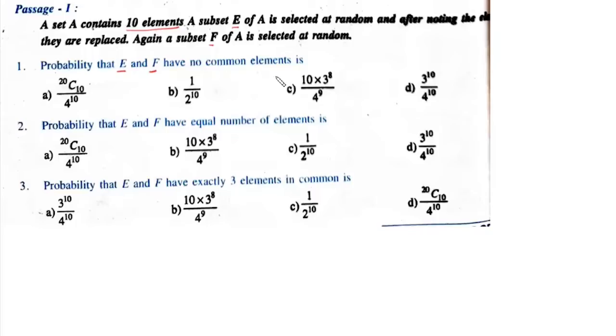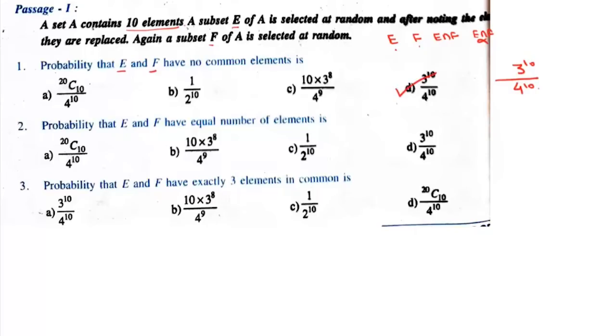First is the total number of ways of selecting these two subsets E and F. For each element we have 4 choices: either it belongs to E only, or it belongs to F only, or it belongs to E intersection F, or it doesn't lie in E and doesn't lie in F. So the total number of ways of choosing these two subsets is 4 to the power 10. When E and F have no common elements, for each element we have only 3 choices, so there will be 3 to the power 10. So the required probability is 3 to the power 10 upon 4 to the power 10, and that's your option D.